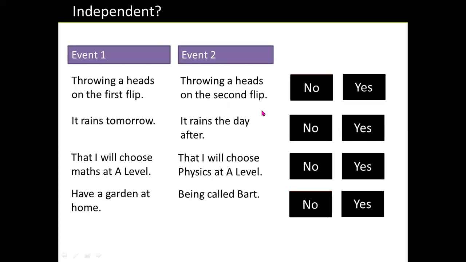Is that dependent or independent? Take note, first flip and second flip. So they are independent events, because the first throw will not affect if you throw another one.